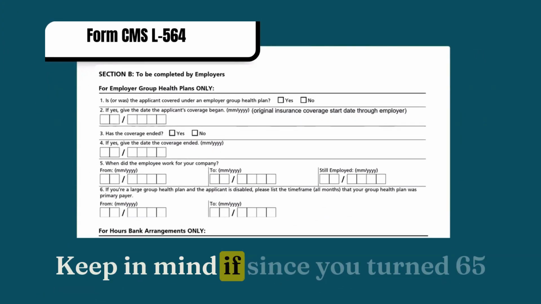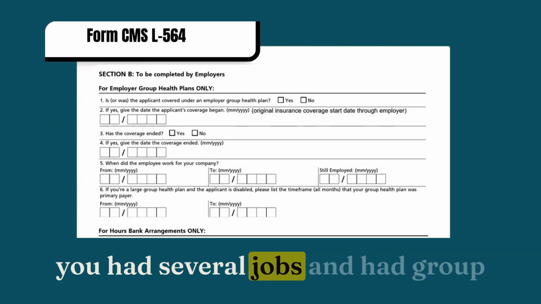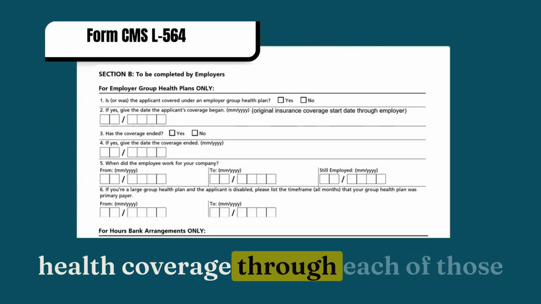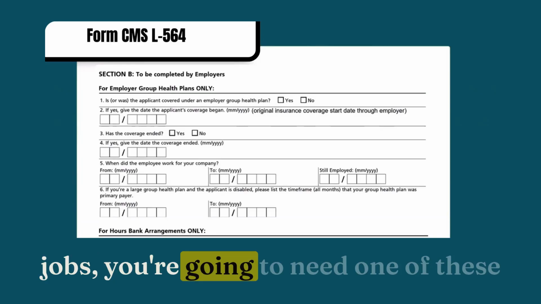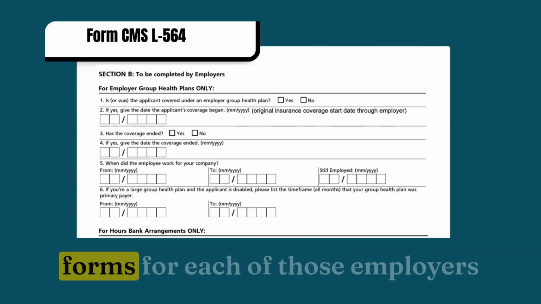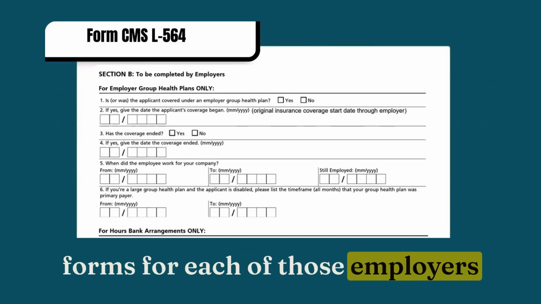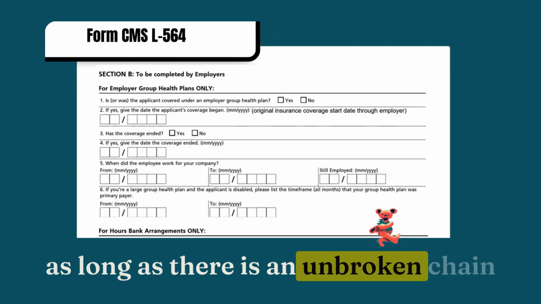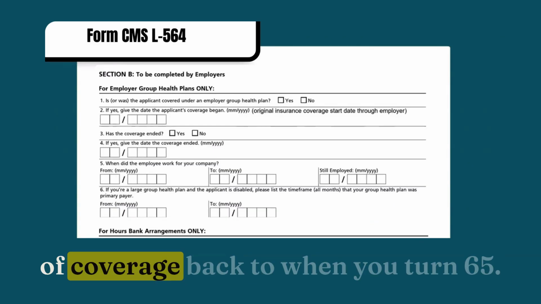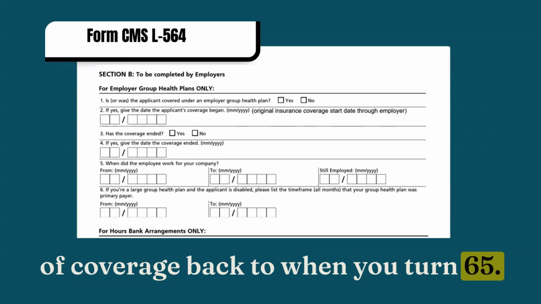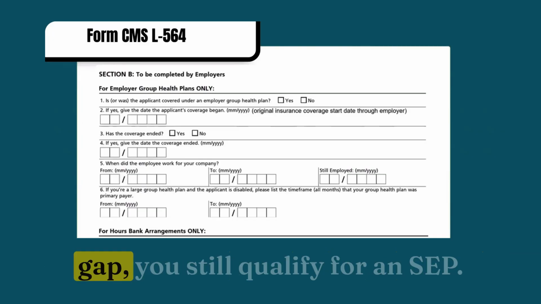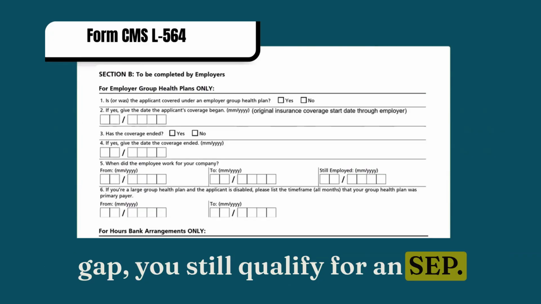Keep in mind, if since you turned 65, you had several jobs and had group health coverage through each of those jobs, you're going to need one of these forms for each of those employers. As long as there is an unbroken chain of coverage back to when you turned 65 with no more than an 8-month gap, you still qualify for an SEP.